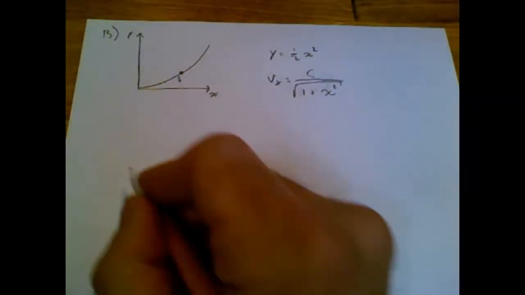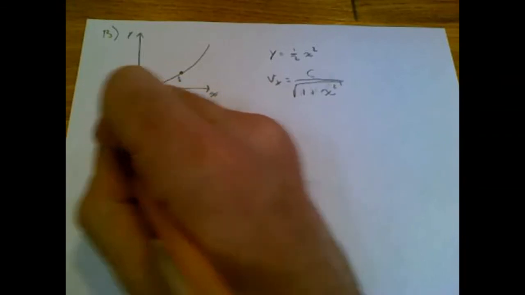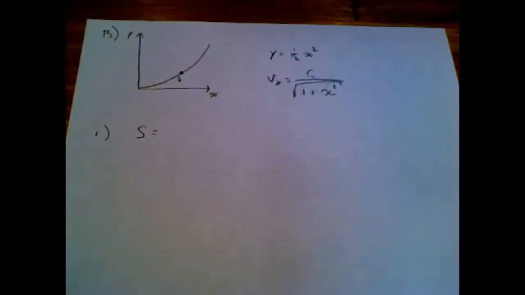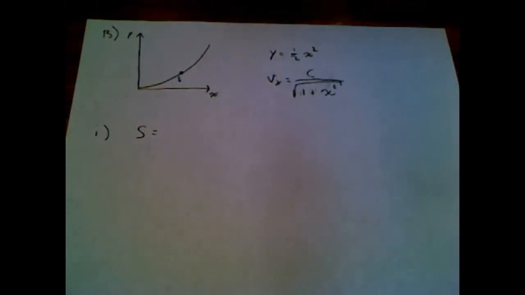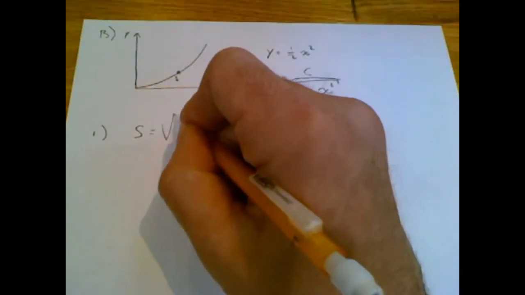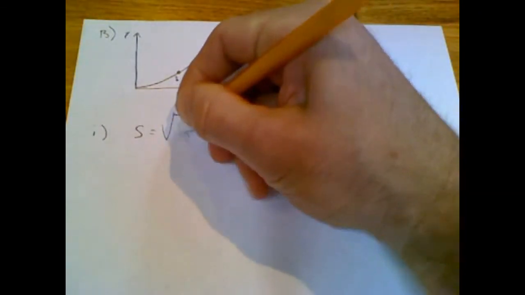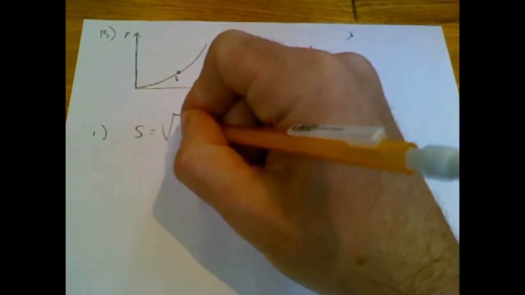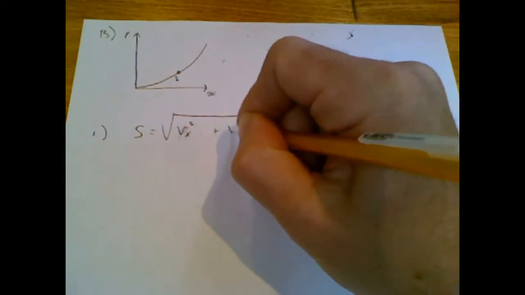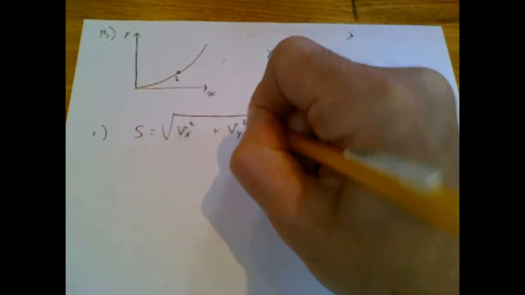Well, if I have an x and a y component of velocity, how do I figure out the magnitude of that velocity, otherwise known as the speed? Hopefully you remember that speed, or just the magnitude of the velocity, is the square root of vx squared plus vy squared.